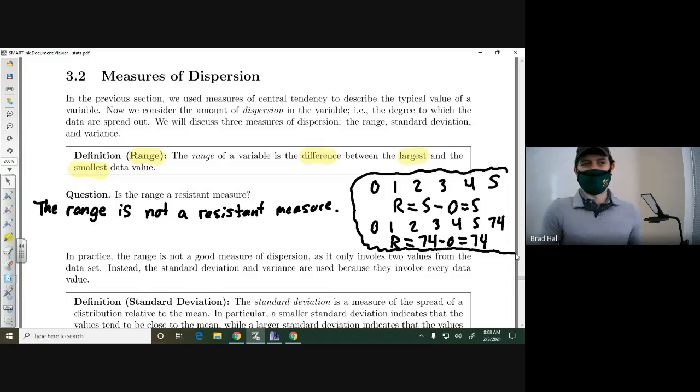So really, in practice, we don't like to use the range too much. Sometimes it's helpful to get an idea of what interval the values are all going to lie in, what the width of that interval is. And so instead, the standard deviation and the variance are both used to determine this.